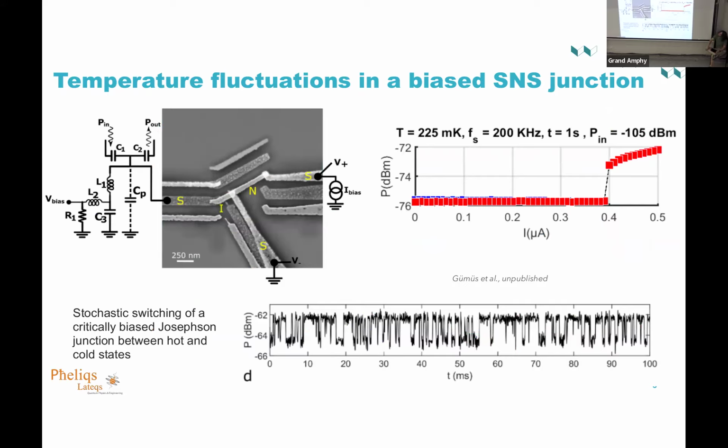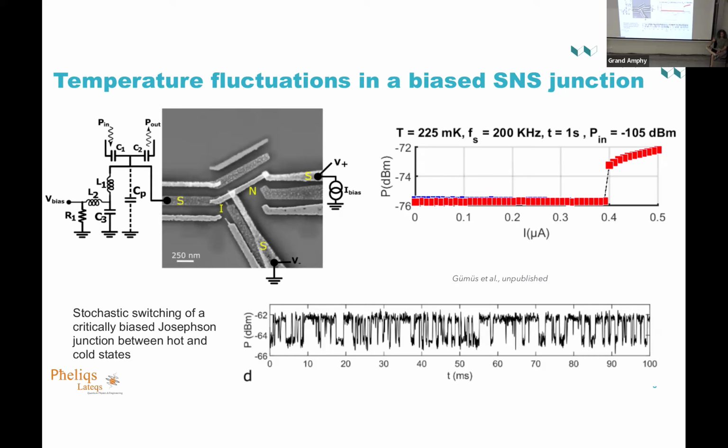In this experiment, I'm not going into details, but we can measure in a time-resolved fashion that the system is switching between hot and cold. I would find it cool if maybe in an insulator, this could also be measured. This is the equivalent in the washboard model to saying that your phase will retrap.